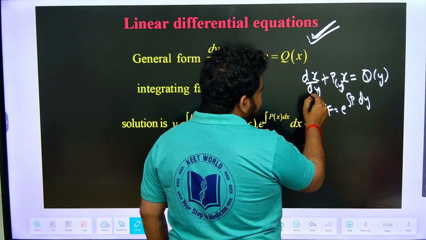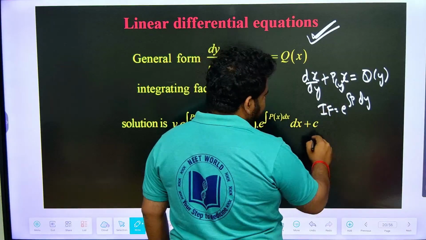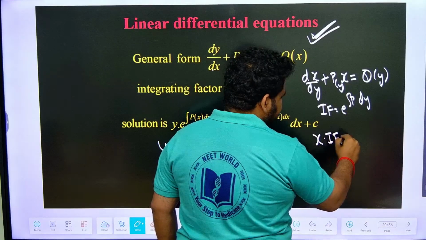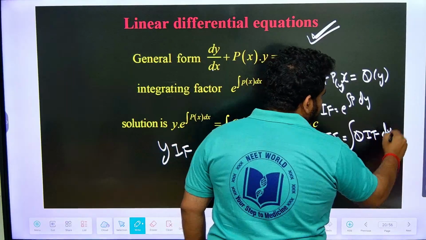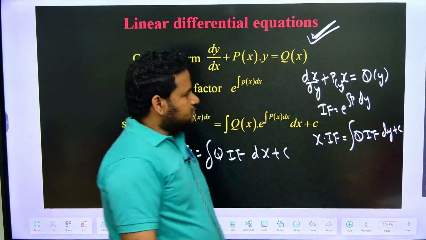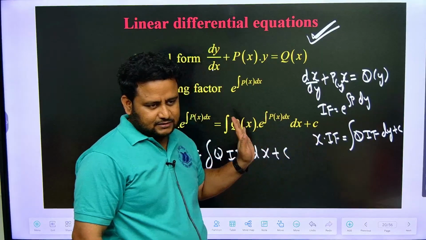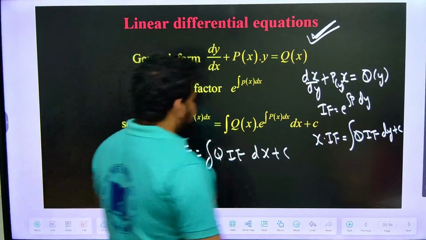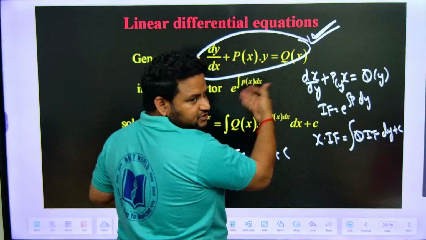So x into integrating factor is equal to integral of q into integrating factor dy plus c. If dy comes, y will come here; if dx comes, x will come here. That's all. Clear? If you know this form, you can write the reverse.